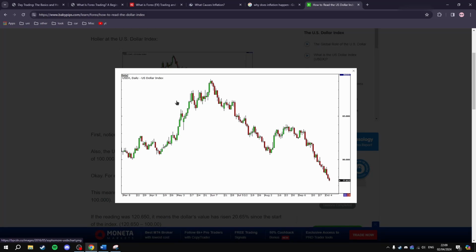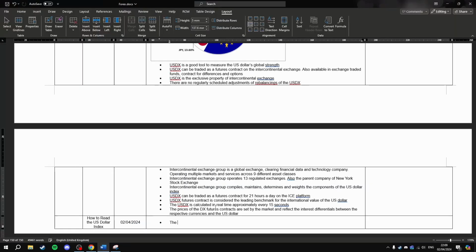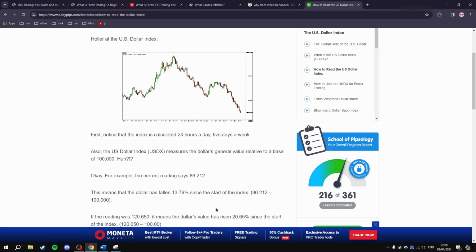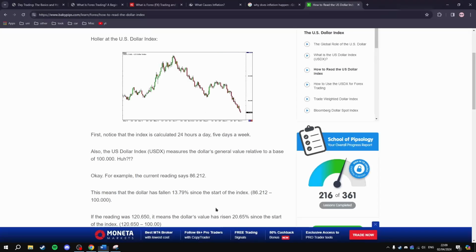Huh? Relative to a base of 100? Where does it say 100? How do you know it's 100? Anyways, the USDX is calculated 24 hours a day, 5 days a week.